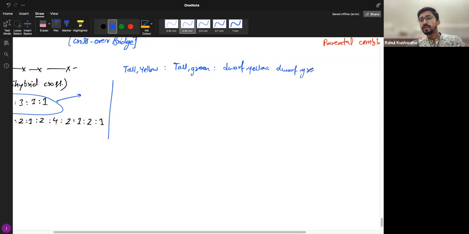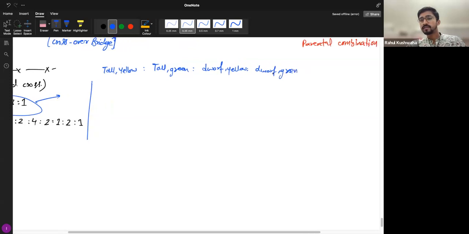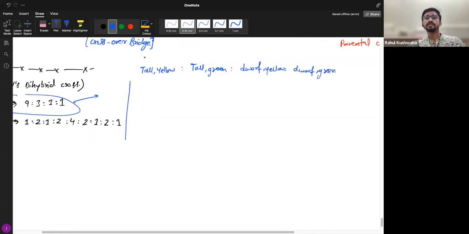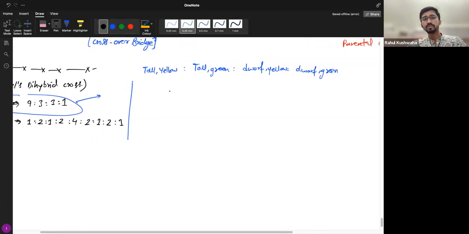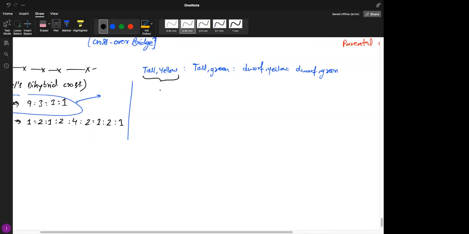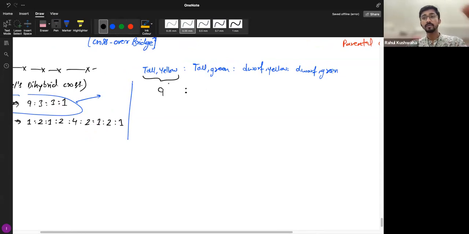We know that dwarf and green both are recessive characters and tall and yellow both are dominant characters. So how will I put this ratio here? How many will be tall and yellow? 9. Okay, someone has to confirm also. How many will be tall and green?